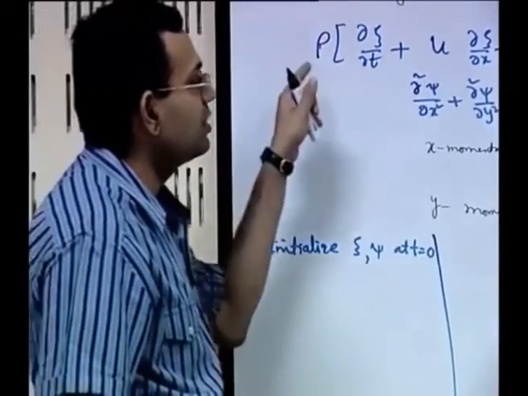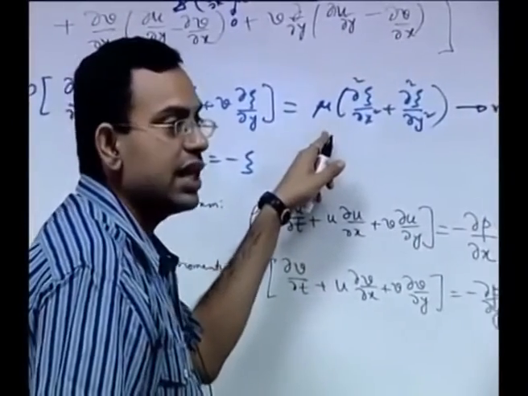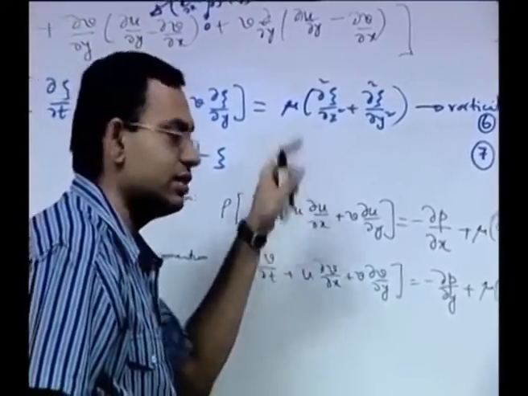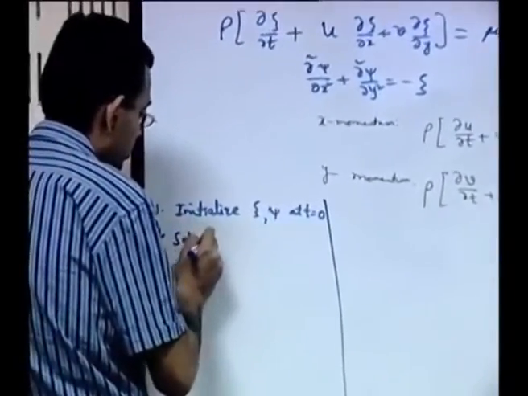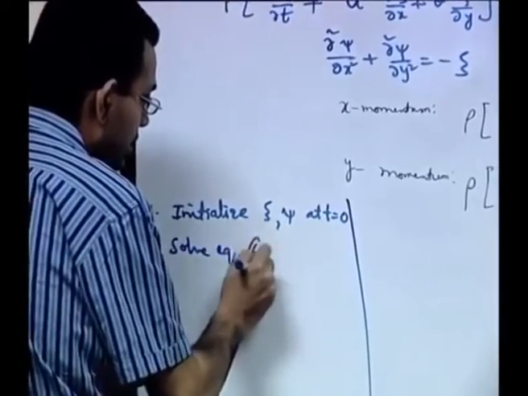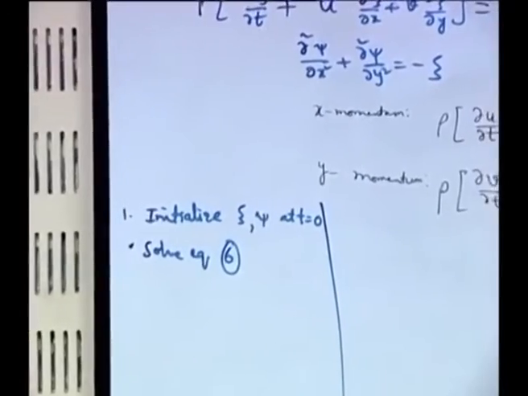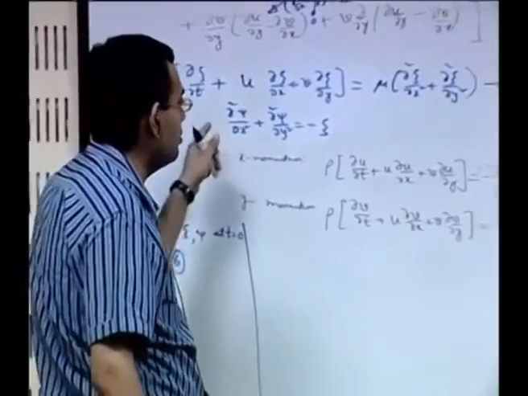So, using that u and v, now you can solve this equation 6 like a convection diffusion equation where the variable is the vorticity. So, solve equation 6 with that vorticity as a source term.